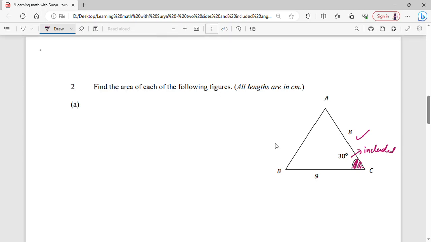So the formula is area of triangle ABC is half AB sine C. So this would be half. My A is 8, B is 9. So I will just substitute the values. So let's identify here.